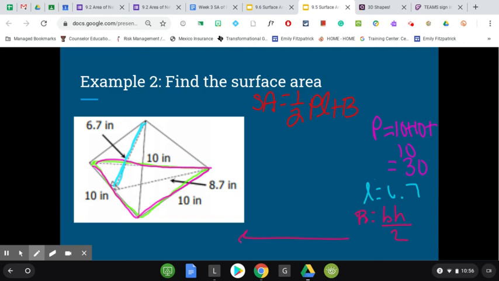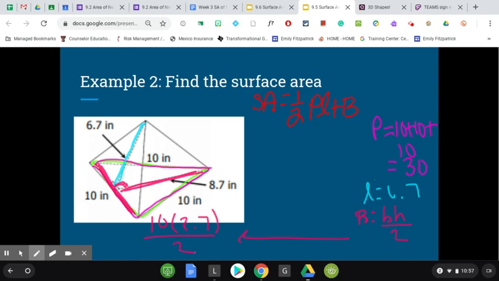I'm just going to do it over here because I don't have any more room down there. But the base and the height are going to be 10, which I'm outlining right here in that color, and then this line right here because those make the right angle that's right here. So it'd be 10 and 8.7. So 10 times 8.7 divided by 2.